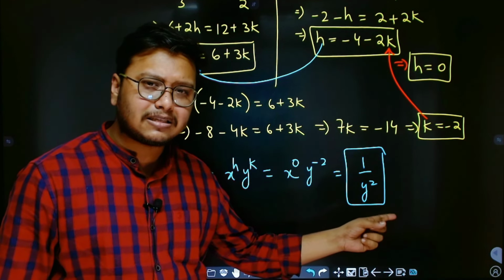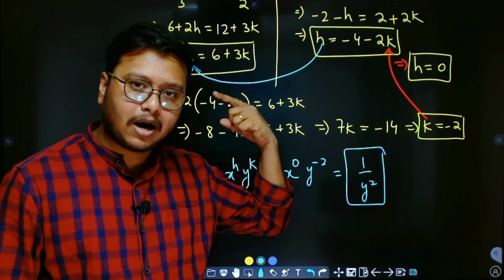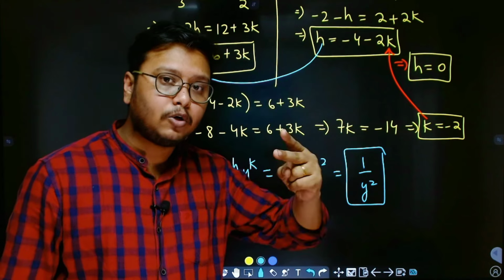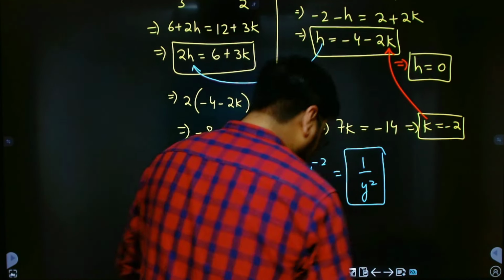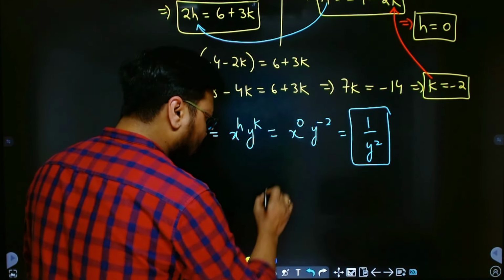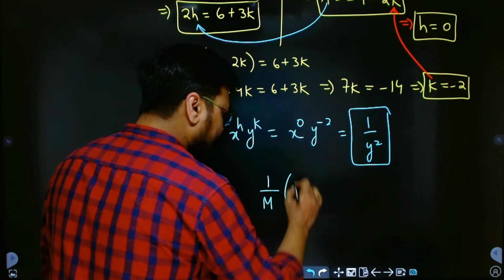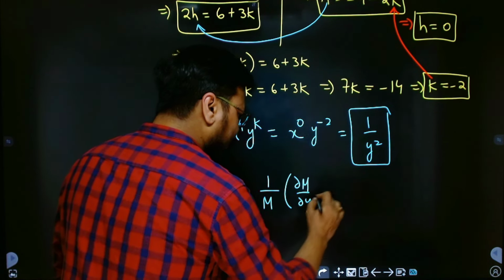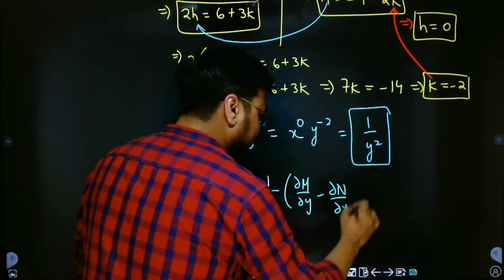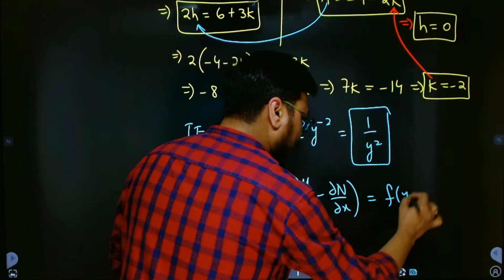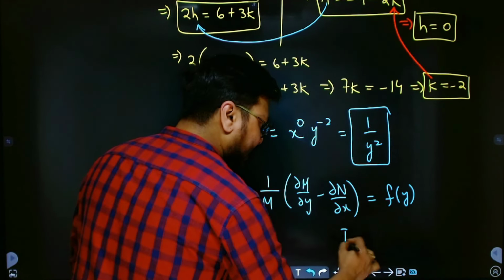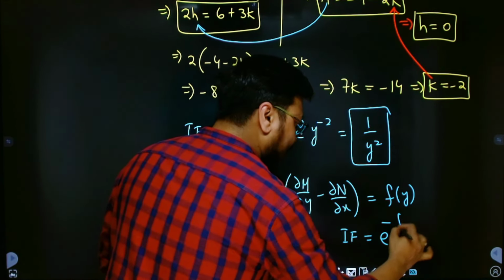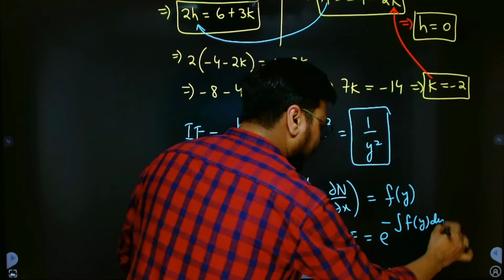So that means this must have been rule number 2. Remember, what was rule number 2? It was (1 by m)(del m by del y minus del n by del x) equals function of y. If we get a function of y, then our integrating factor would be e to the power minus integration f(y) dy.